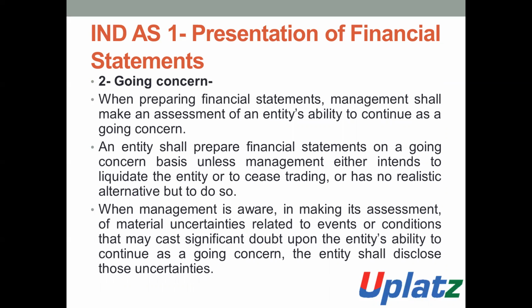When any organization prepares its financial statements, the management assesses the entity's ability to continue as a going concern, because in the case of any organization, the going concern is a very important part.